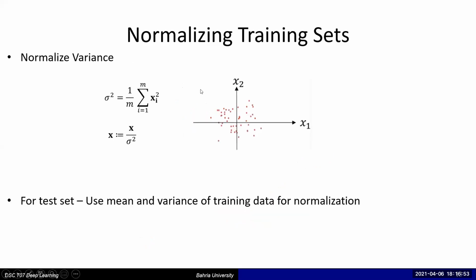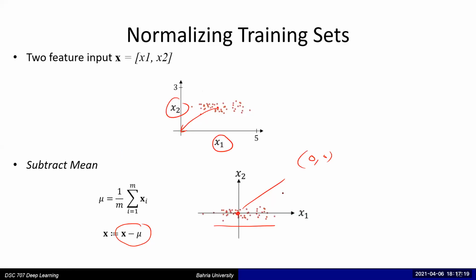The next step that we do is that we compute the variance and we divide by variance, or in some cases by taking the square root of variance, which is the standard deviation. So if you divide the mean-subtracted data by the standard deviation, your data will have zero mean and unit variance in each dimension. Now variance, you must know, is the spread.